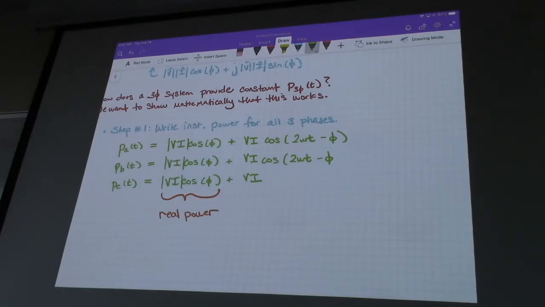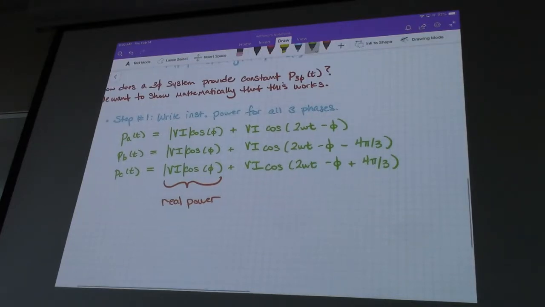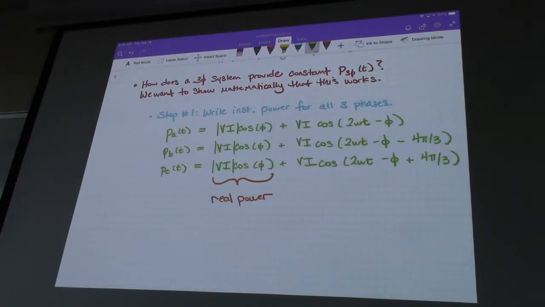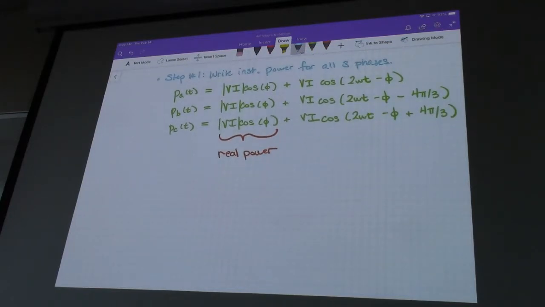Because all the phases are the same. Again, we're working with the assumption of balanced operations, so we can shift by 120 degrees. And then down here we add. All right, so now the next part is we need to sum all three of these together.